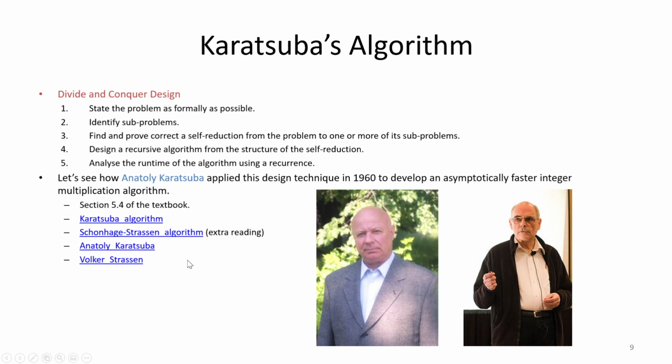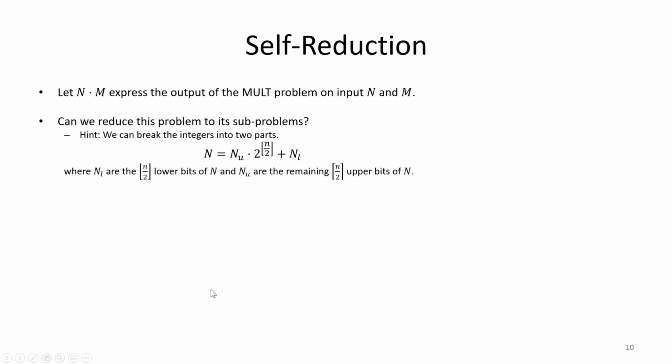I leave it here as a reference for something else to take a look at if you're interested. We'll look at another of Strassen's algorithms in the next video, called Strassen's algorithm. So that's a little foreshadowing.